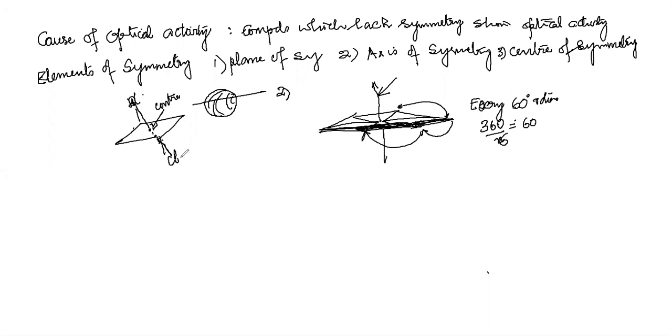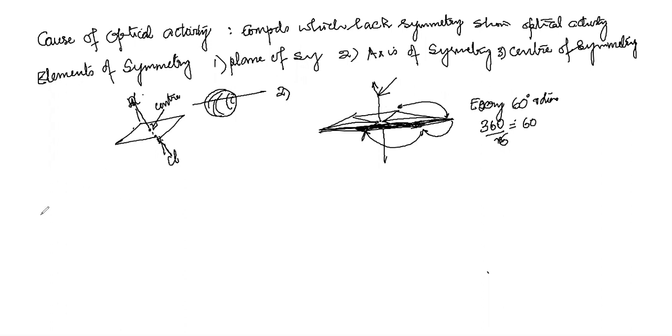So these are the 3 criteria for symmetry. If any molecule does not possess these, those compounds are known as asymmetric compounds.